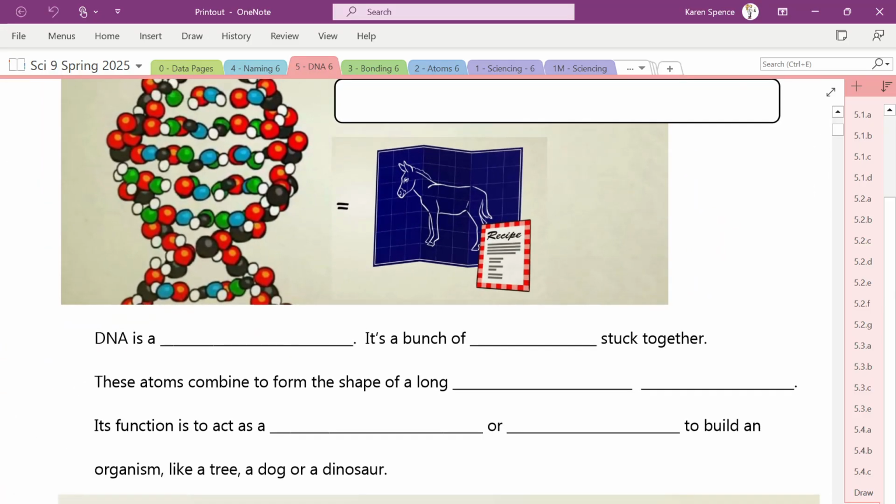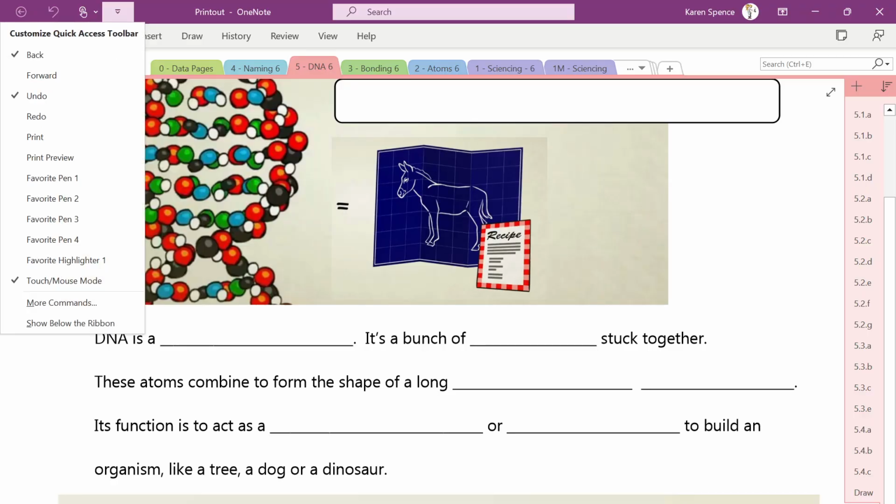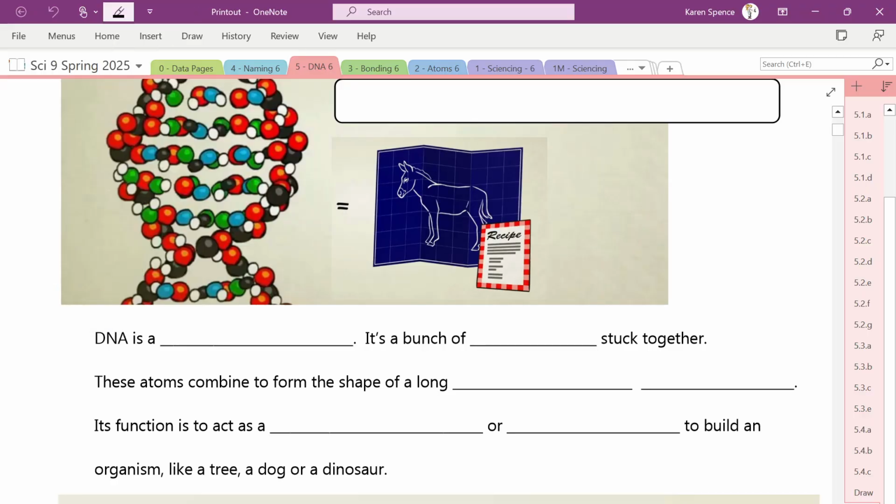Okay. DNA is a molecule. It's a bunch of atoms stuck together. These atoms combine to form the shape of a long, spiral ladder.